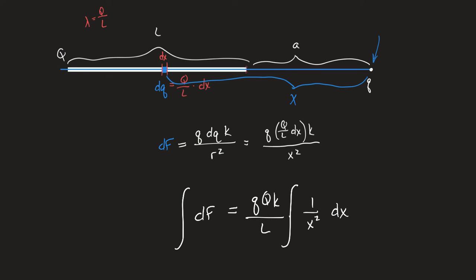But this stuff does. And I'm going to tell it where to start. I'm going to start a distance a away from my point charge. And I'm going to tell it where to end. That should do it.